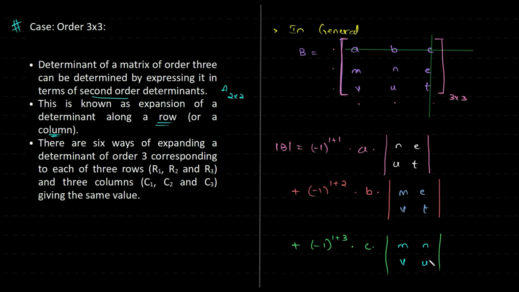Right? Okay, so I hope that is clear. So let's discuss where this 1 plus 1, 1 plus 2 and 1 plus 3 comes from. This is basically where the element is present in the matrix. A is present in first row, first column. Then B is present in first row, second column.